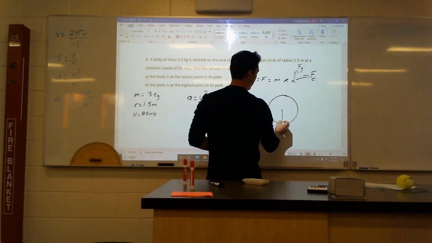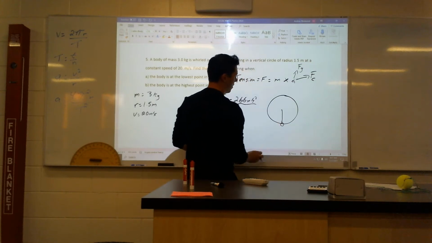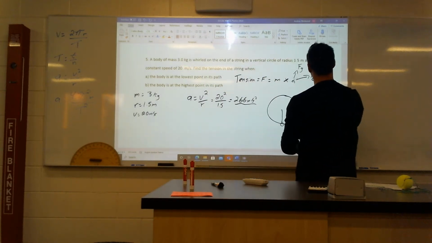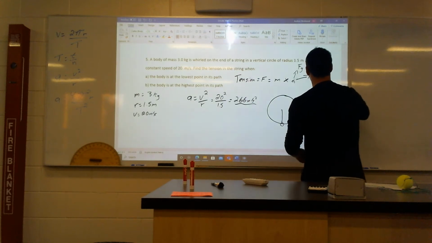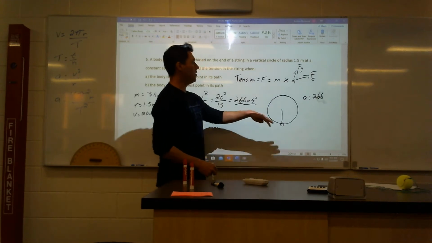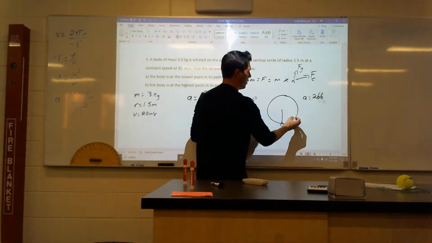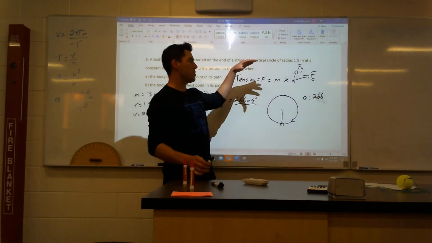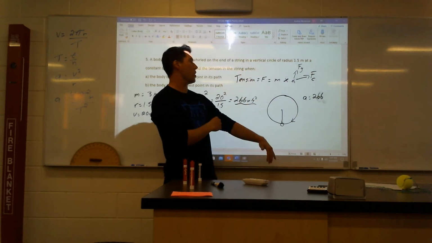When the string is straight down and there's a ball there, first off you have your acceleration of 266. But when the ball's at the bottom, heading in this direction, our acceleration because of gravity is also going down.